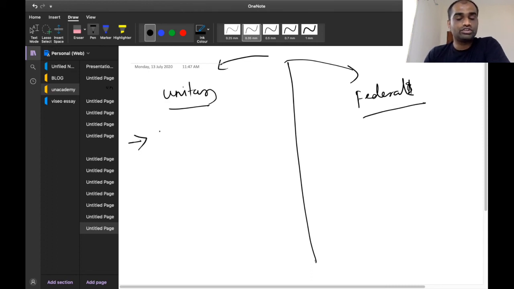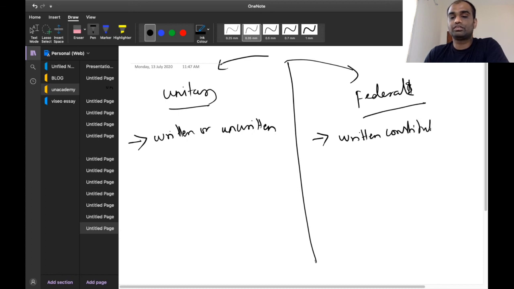In a unitary constitution, there can be either a written or unwritten constitution. In the case of a federal constitution, it has to be a written constitution. The unwritten constitution follows a principle called the doctrine of parliamentary supremacy. The federal constitution follows a principle called the doctrine of constitutional supremacy.